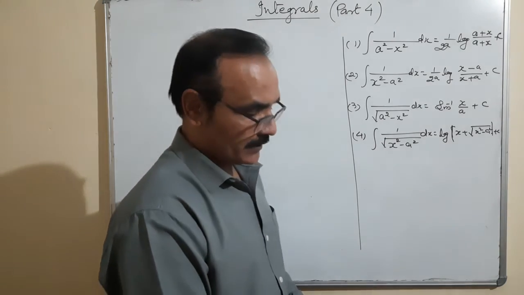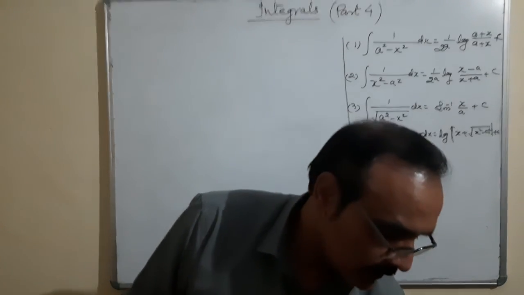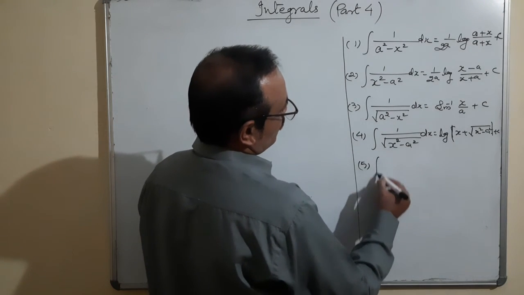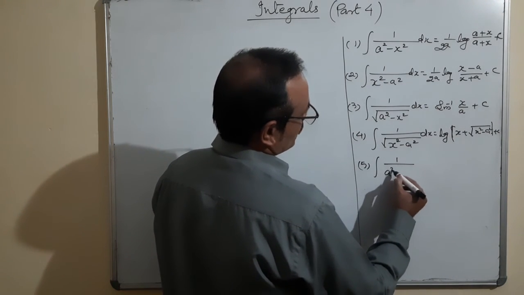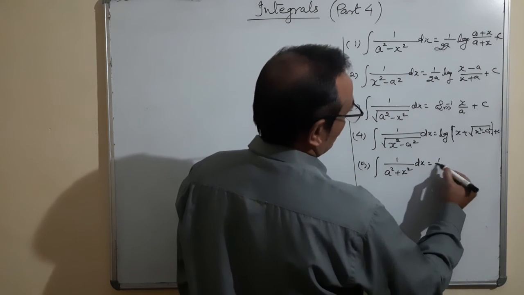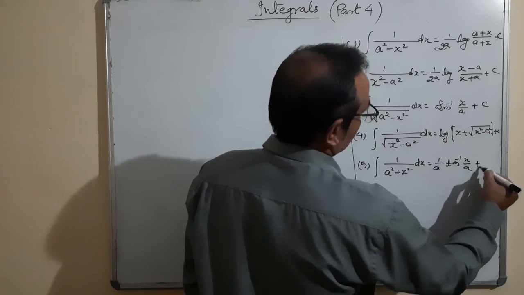One is, so that also I am taking. Fifth one is integration of 1 upon a square plus x square dx, which is equal to 1 upon a tan inverse x upon a plus c.